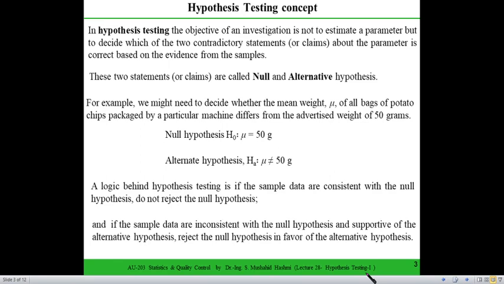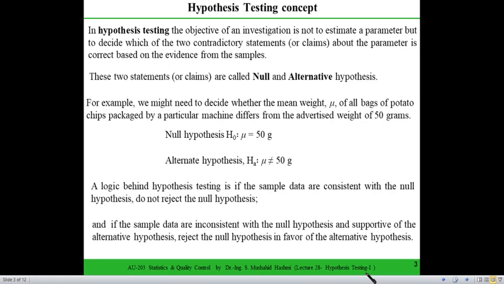The other possibility is that the sample data is not consistent with the null hypothesis and is supportive of a statement other than the null hypothesis, the alternative hypothesis. Then we are going to reject the null hypothesis in favor of the alternative hypothesis, because we have substantial evidence from the sample that the null hypothesis is not correct.